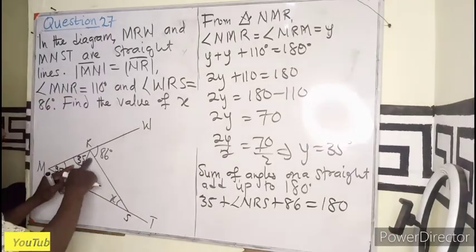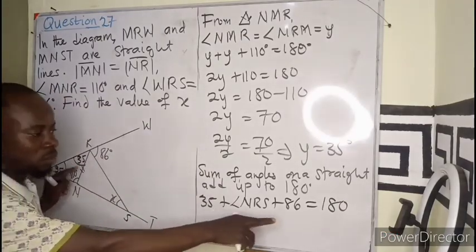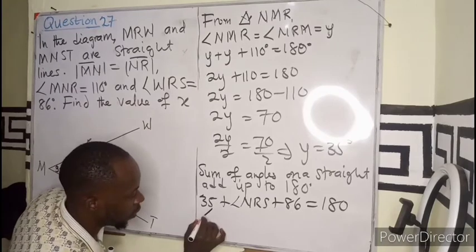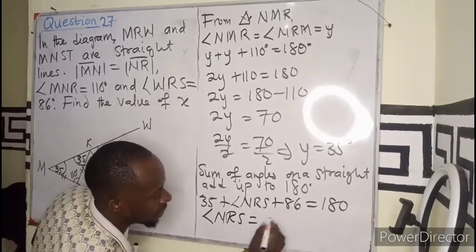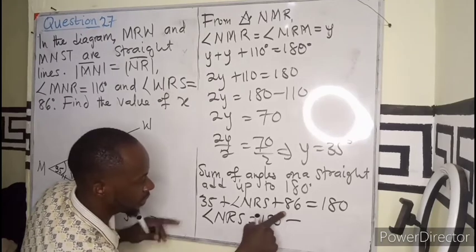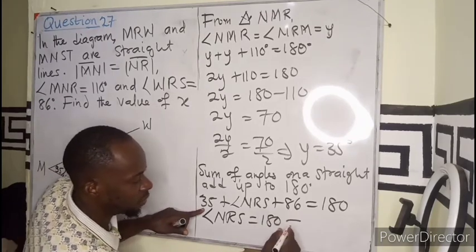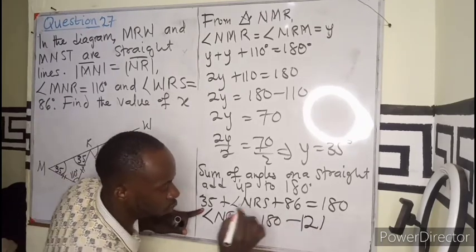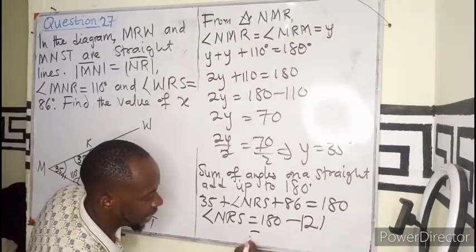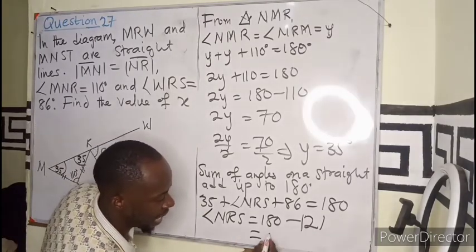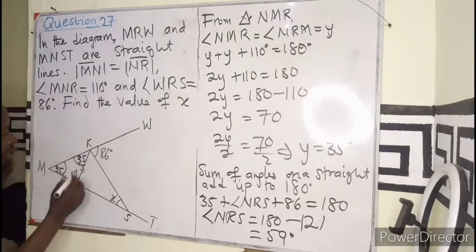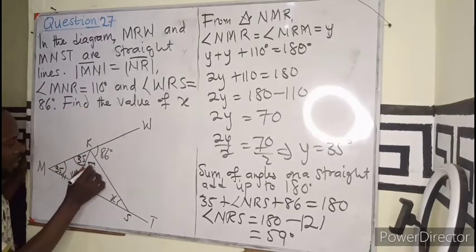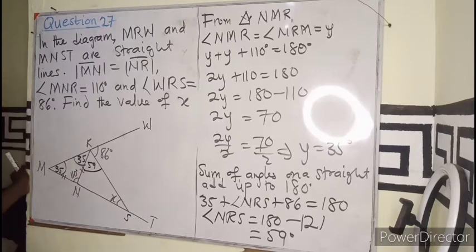If we add these three angles, we should get 180. So making this angle the subject, 180 minus the sum of 86 and 35, which is 121, gives 59 degrees. It means this angle we are looking for is also 59.